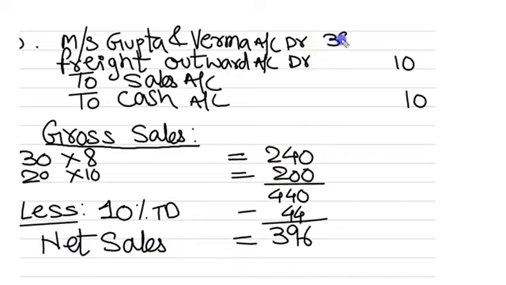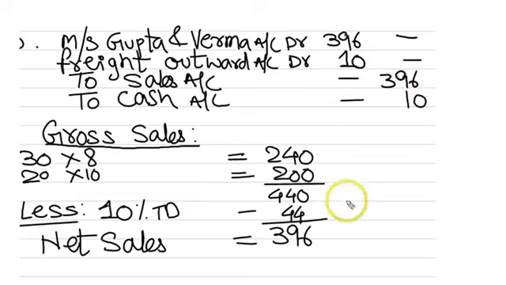So 396 will be debited to his account, and freight outward will also be debited 10, and the sales will be total 396. I have to recover from Gupta, Verma and Company. So this is how I calculated the net sales. Alright, so trade discount is to be deducted but never to be recorded.